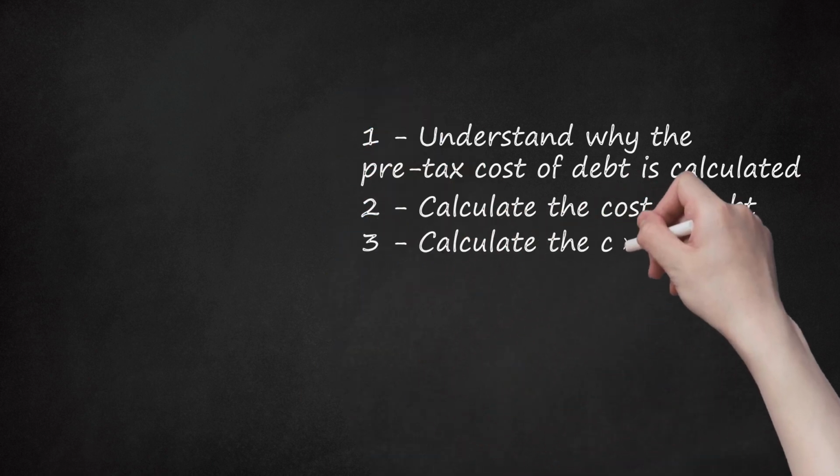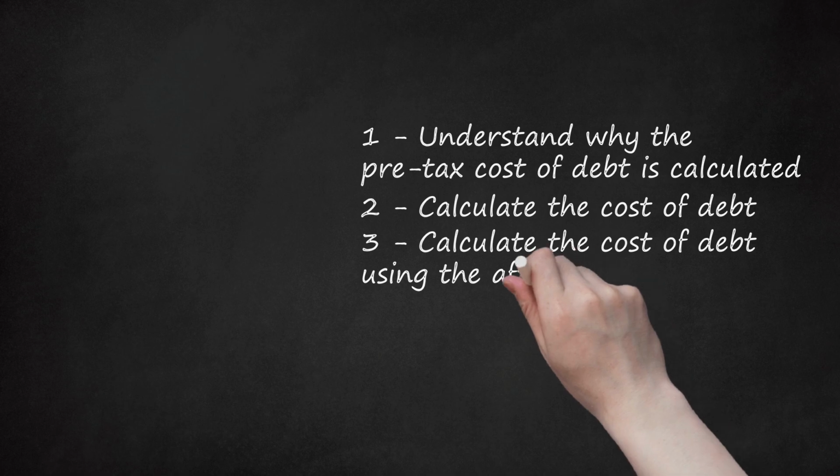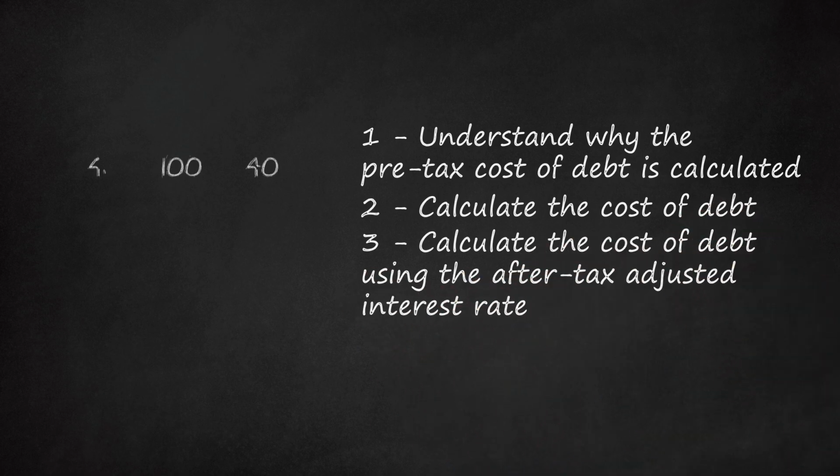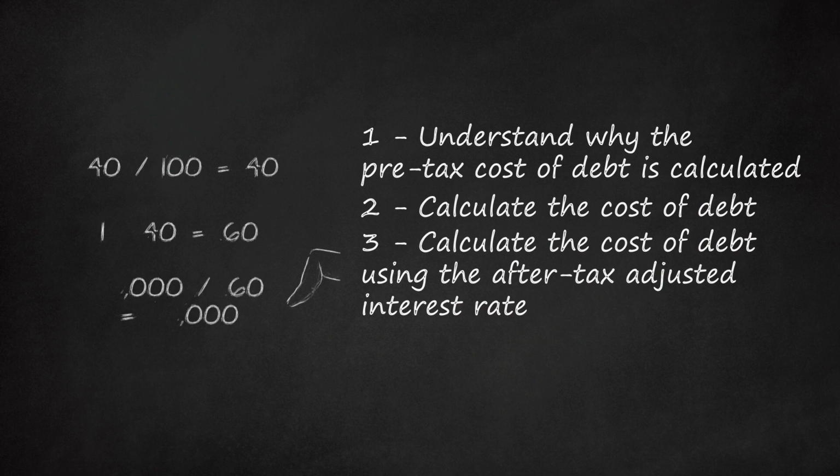3. Calculate the cost of debt using the after-tax-adjusted interest rate. If the company does not disclose the pre-tax interest rate of the loan, but you need that information, you can still calculate the pre-tax cost of debt. For example, suppose a company with a 40% income tax rate has issued a $100,000 bond with an after-tax cost of debt of $3,000.